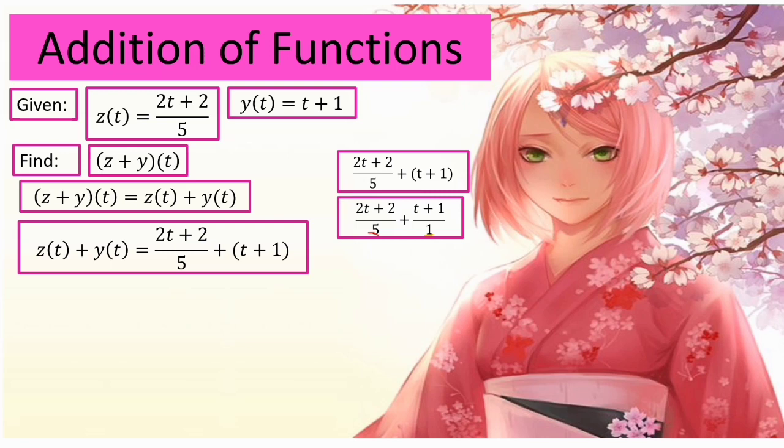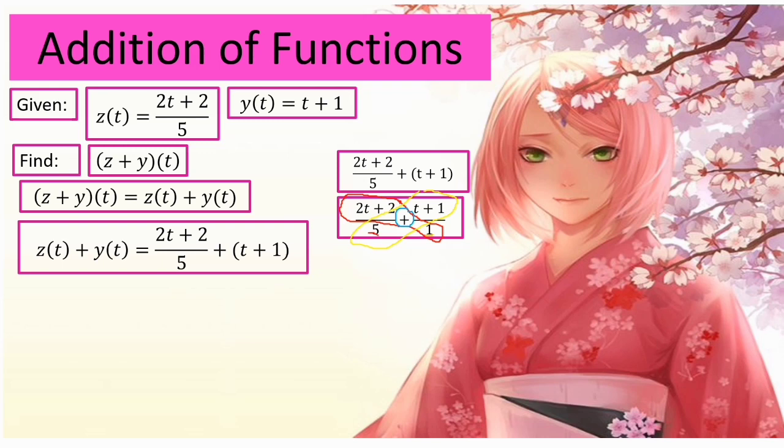So, ganito nga. So, una, yung 2t plus 2, imumultiply lang natin sa 1. So, kumbaga mangyayari, 1 times (2t plus 2). Then, yung 5 naman, imumultiply natin sa t plus 1. So, parang 5 times (t plus 1). So, wag natin kakalimutan yung operation natin na addition. Ilalagay pa rin natin yan.